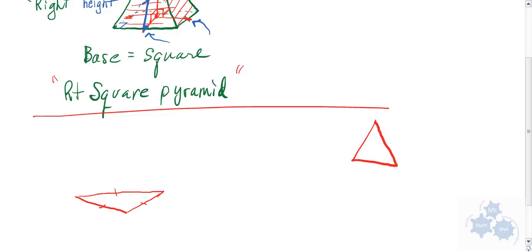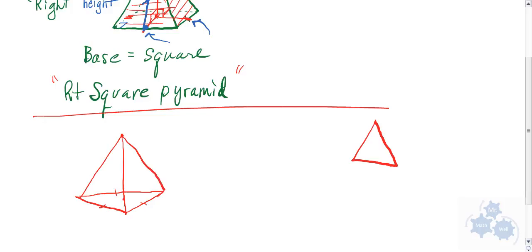So let's put a point in the middle of this base, and perpendicular with this side right here, let's go straight up, and we'll put a point just up there. All right? And we'll connect the point to this corner over here, and to this corner down here, and to this corner over here.